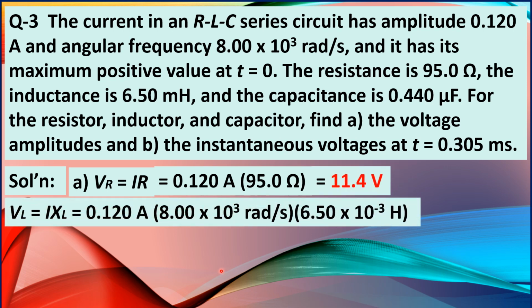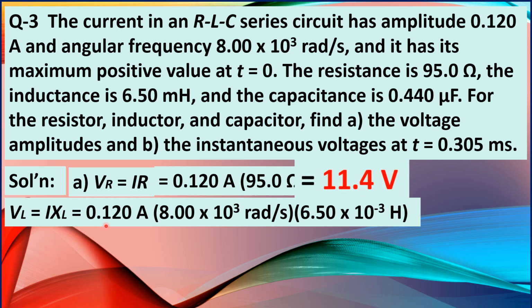Next, for the voltage amplitude across the inductor, capital V sub L, which is equal to the product of the current amplitude, capital I, and the inductive reactance, capital X sub L. All right?